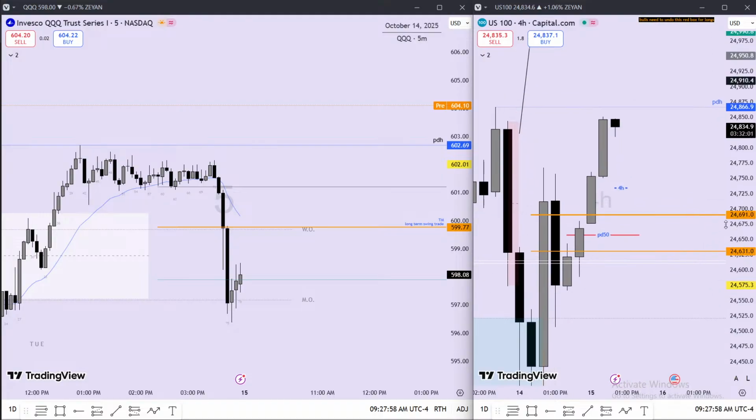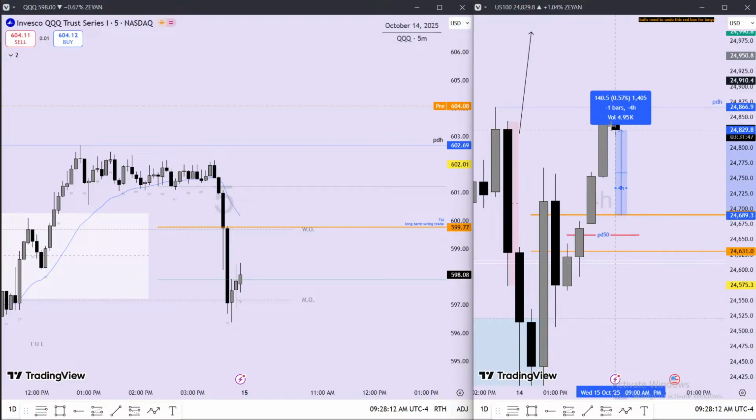On the 4 hours, if you remember this swing trading reference point, which is equivalent to these two lines on the 4 hours on the electronic trading hours, we are above this price point. So how far are we from this price? We are 140 points above this price.